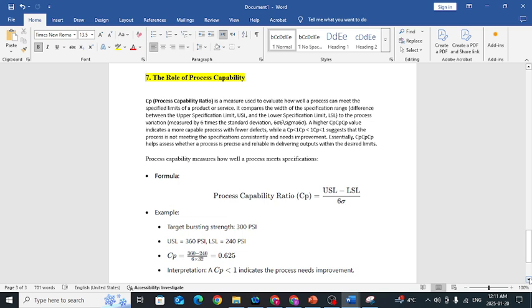It compares the width of the specification range, meaning the difference between the upper specification limit USL and the lower specification limit LSL, to the process variation measured by, for example, 6 times the standard deviation, as you can see in this formula.